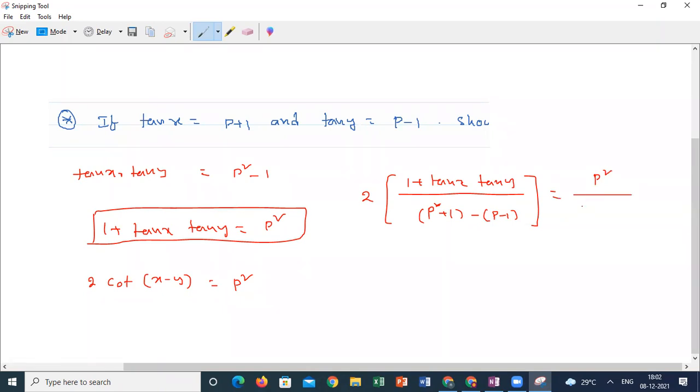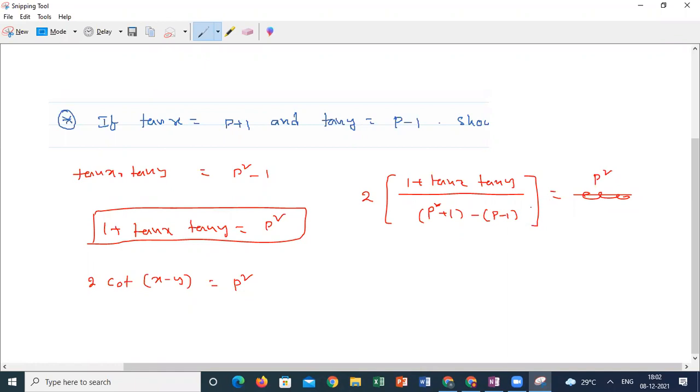No, that's it. Understood what I done? Understood what I done, Raghav? 1 minute, sir. If I am solving the denominator, 2 will cancel, so you are not changing the expression of the given.